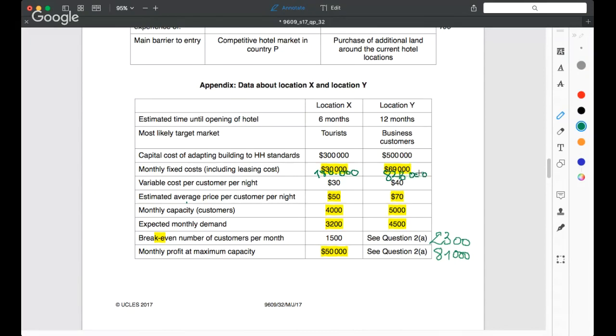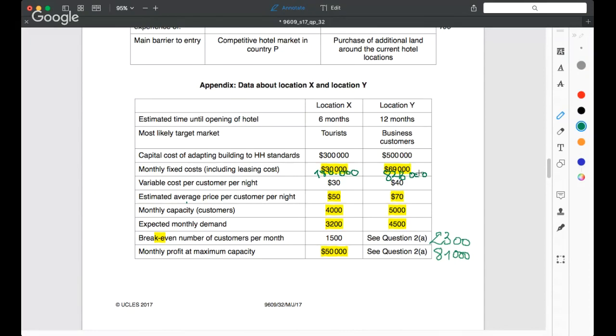Okay, fixed investment. And then I added those figures to the capital cost of adapting the buildings. So for location X, I got a figure of 480,000, and for location Y, I got 1,328,000.